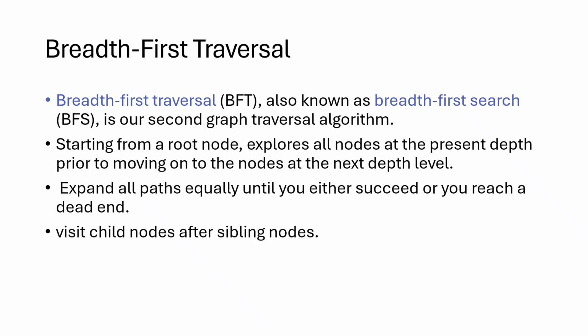Or if you remember, in depth-first search, we said we visit children first and then the siblings. So you're starting from the root node. First you visit one of the children and then one of the children of that child and so on. And then when you hit the end of that path, then you backtrack and visit other children.